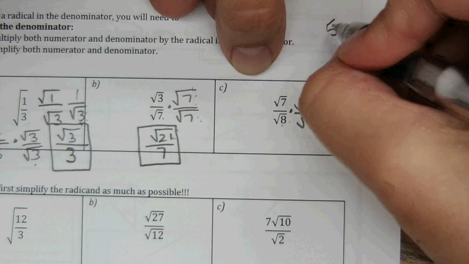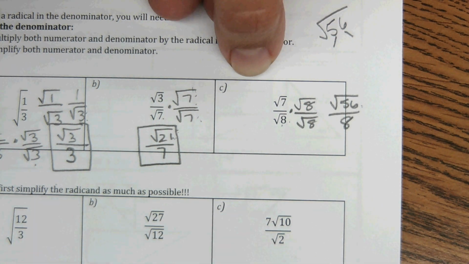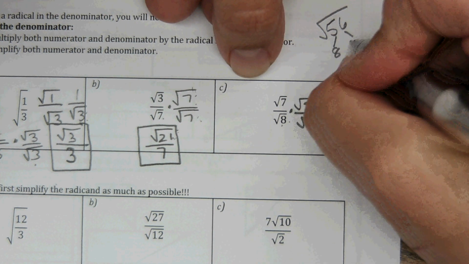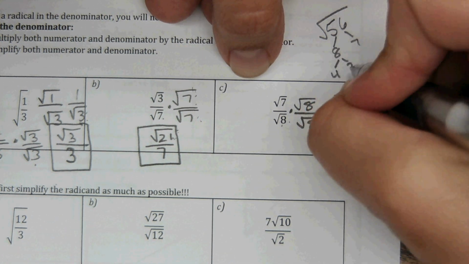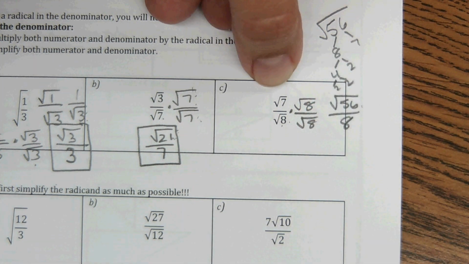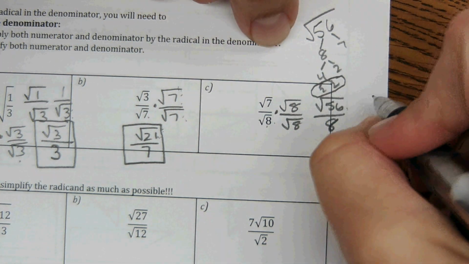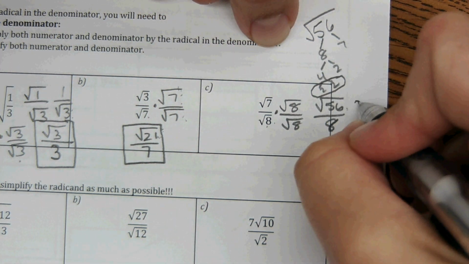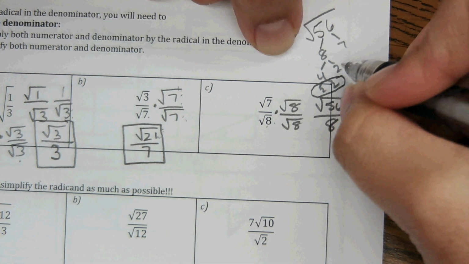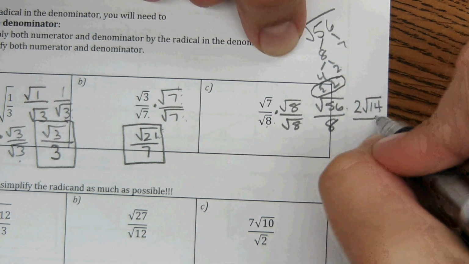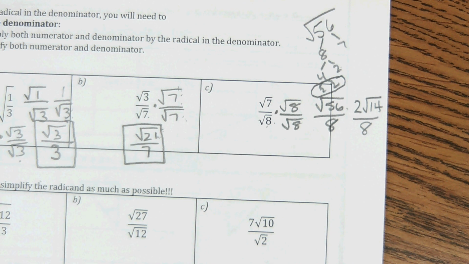So then square root of 56, 8 and 7, 4, 2, 2 and 2. Then I got 2's I got to take out. So 2 times 7, 14 over 8.